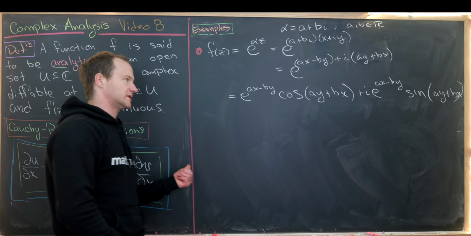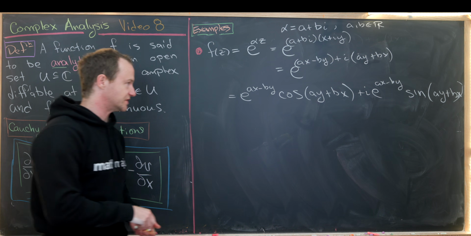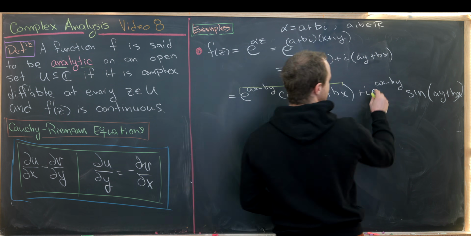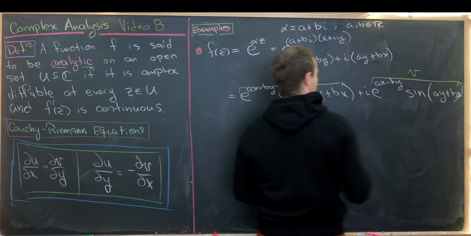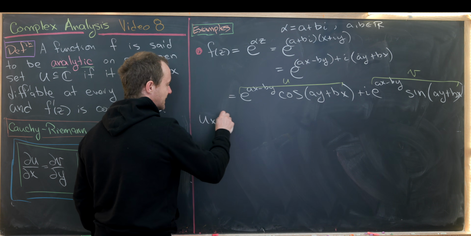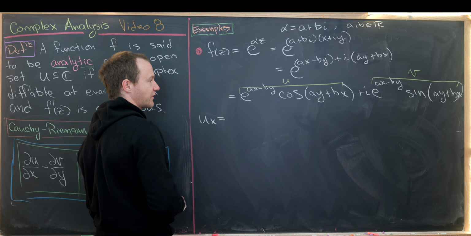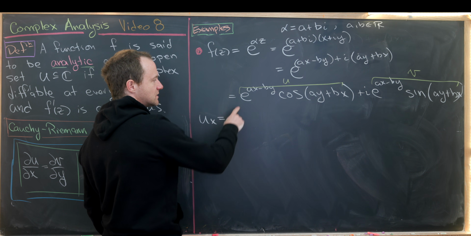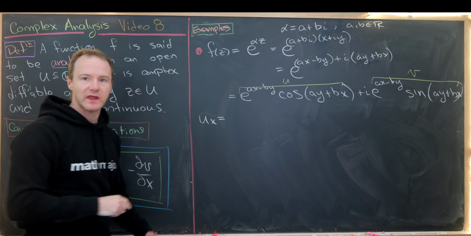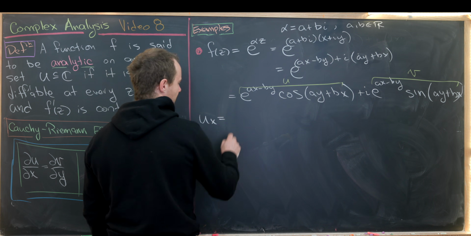Great. And now let's check the Cauchy-Riemann equations. Notice that this right here would be our function u, and this right here would be our function v. So let's take the derivative of u with respect to x. We'll get an a from taking the derivative of this, keeping in mind that we have to use both the chain rule and the product rule.